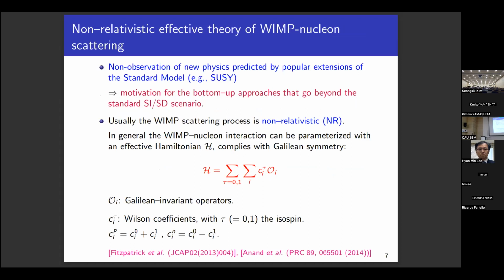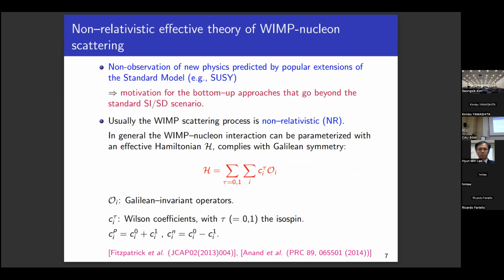Now, non-observation of any new physics predicted by popular extensions of the standard model, for example SUSY, motivates one for a bottom-up approach that goes beyond the standard spin-independent or standard spin-dependent scenario. As we know, usually the WIMP scattering process in the Sun or in direct detection is non-relativistic in nature.